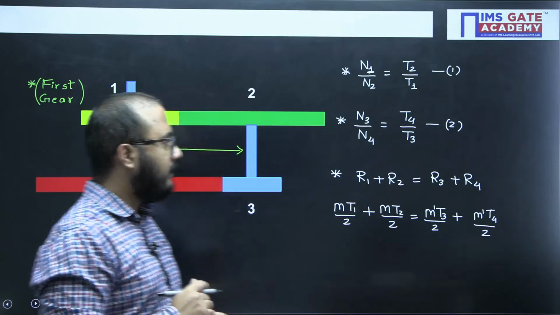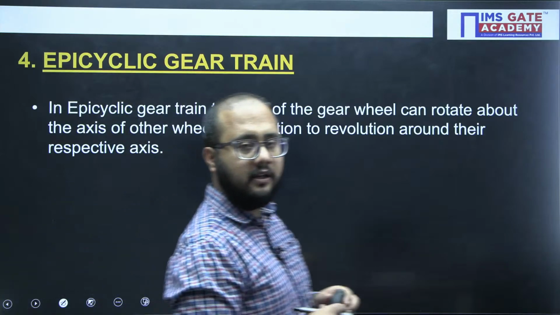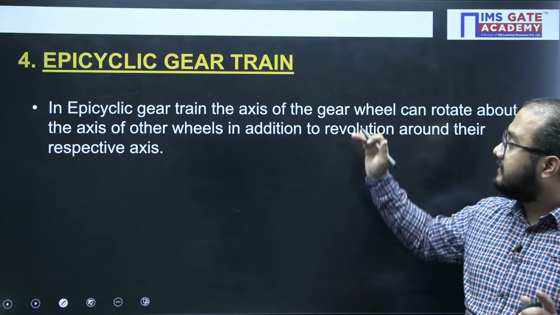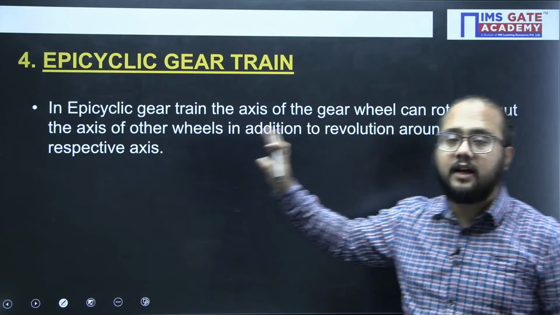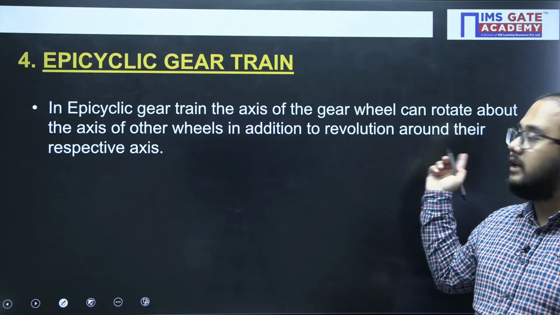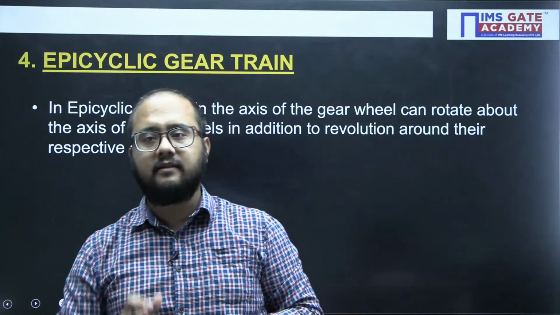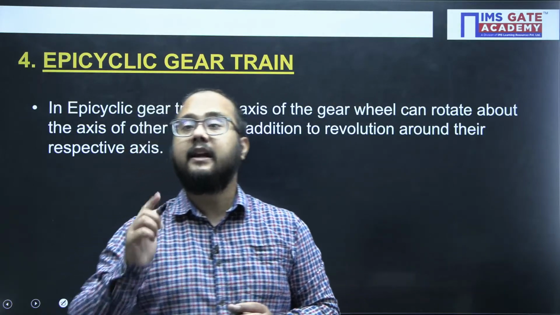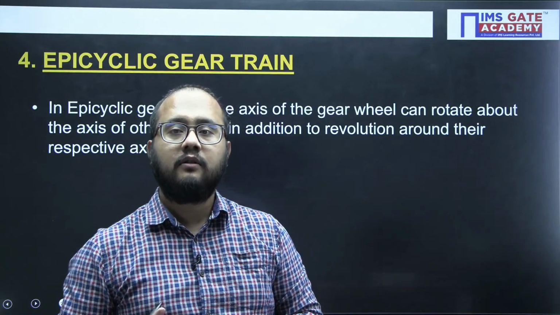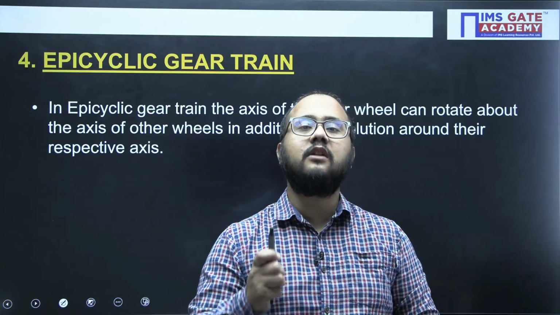Now, what is an epicyclic gear train? Very, very important point. In an epicyclic gear train, the axis of a gear wheel can rotate about the axis of another wheel in addition to revolution around its own axis. If a gear is there, it will rotate about its own axis. That is fine. But if that gear is also rotating with respect to another gear's axis, there will be two motions involved.